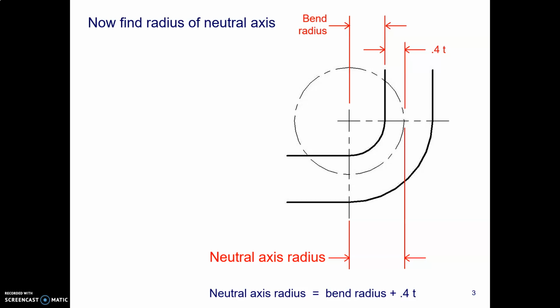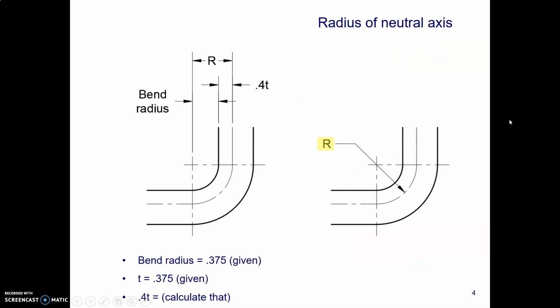Now, when we're looking at this curved neutral axis, what is the radius of that imaginary circle? We have the bend radius from the press brake die, and we have our 0.4t calculation, so that will give us the distance from the center point to that neutral axis circle.